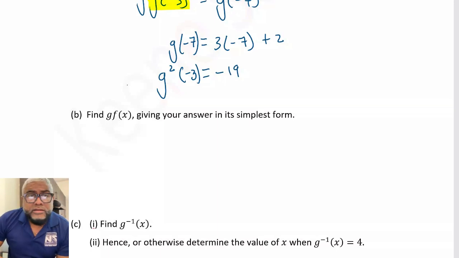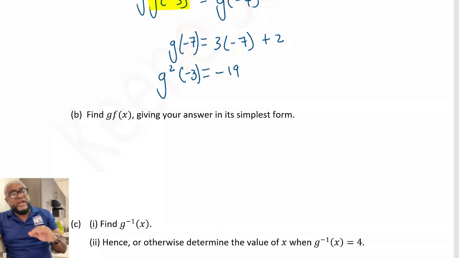Right, so if I want to find the composite function g f of x, which function am I putting into which? This is the composite function here. Which function is going into which function here? Second into the first.